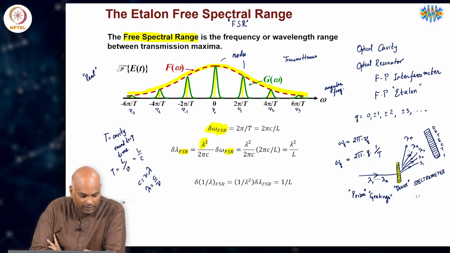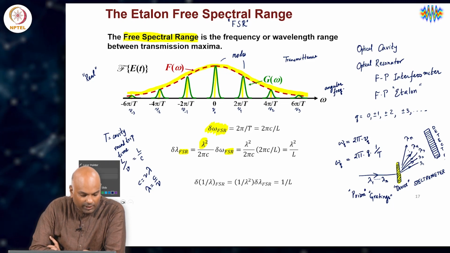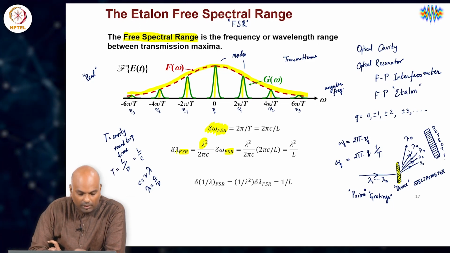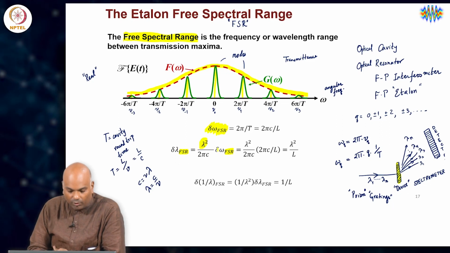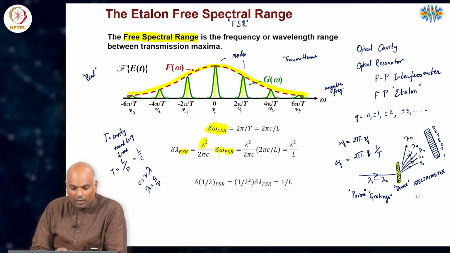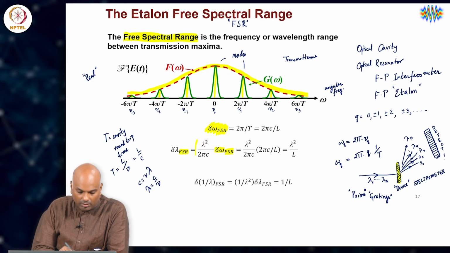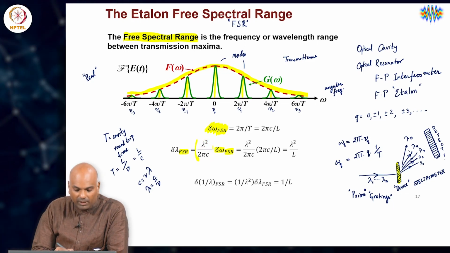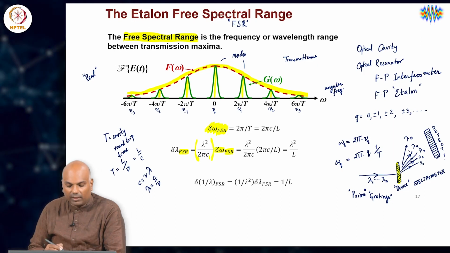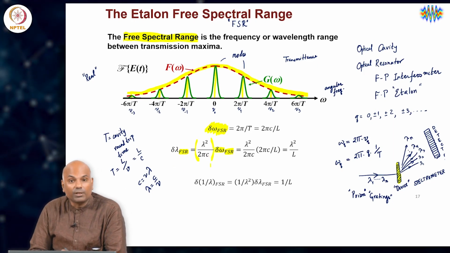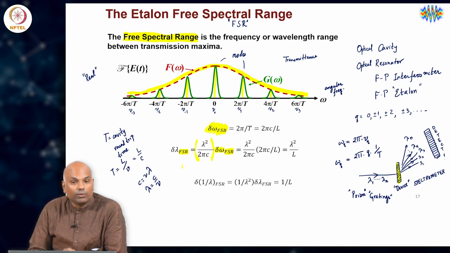So, with a little bit of elementary calculus, we can figure the following out, that is delta lambda and delta omega are related through this term lambda square by 2 pi c, which is the Jacobian of the transformation from omega to nu.